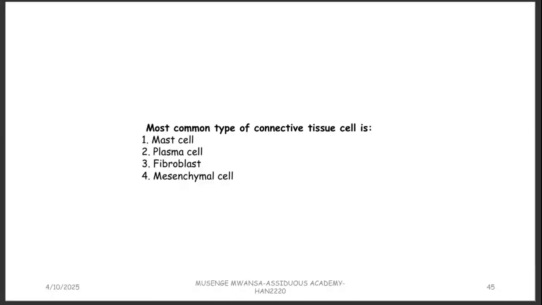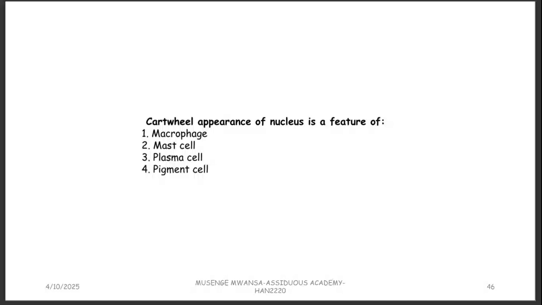Most common type of connective tissue cell is mast cell, plasma cell, fibroblast, mesenchymal cell. Which one would you pick? So it's the fibroblast, isn't it? Cart wheel appearance of nucleus is a feature of macrophage, mast cell, plasma cell, pigment cell.